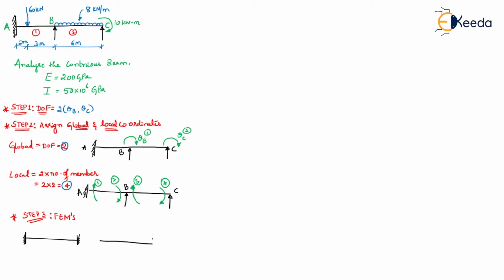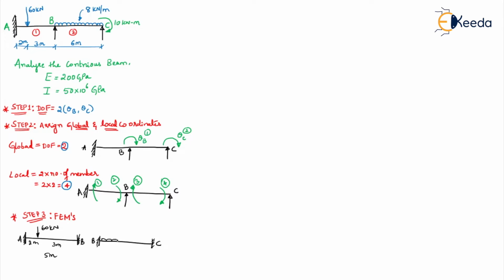So this is span AB, with A and B, and this is span BC, with B and C. This has a point load of 60 kilonewton, at 2 meters and 3 meters, so the total will be 5 meters.